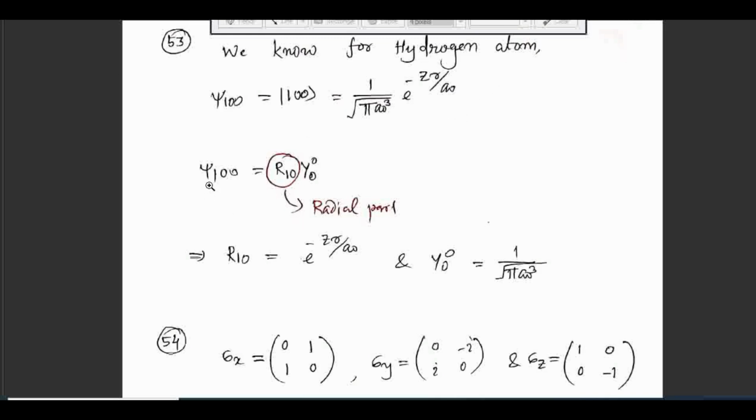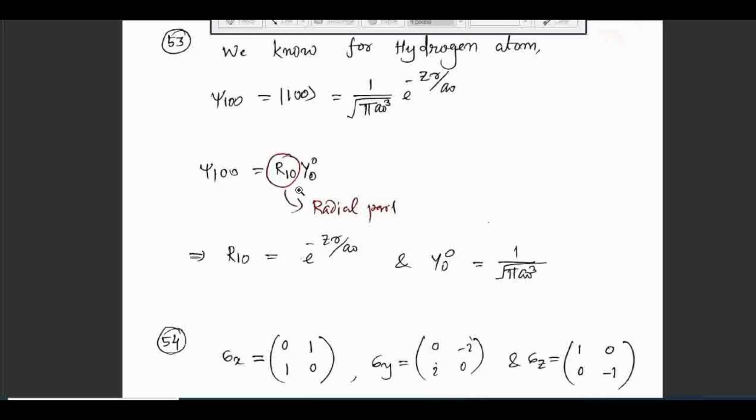Here we can write this psi 100 as R10, that is the radial part, and Y00, the spherical harmonic part, where l and m are the quantum numbers. Here l is 0, that means m is 0, l being the angular quantum number, or azimuthal quantum number. So when it is 0, we are asked to find this radial wave function.